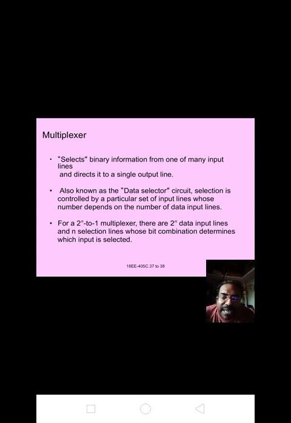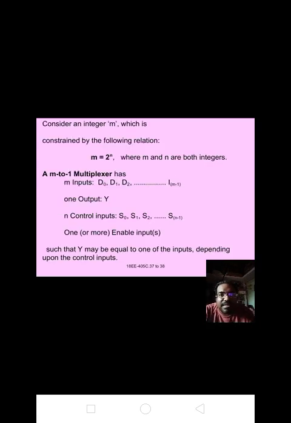For a 2 power n to 1 multiplexer, there are 2 power n data input lines and n selection lines whose bit combination determines which input is selected. This is known as the multiplexer.